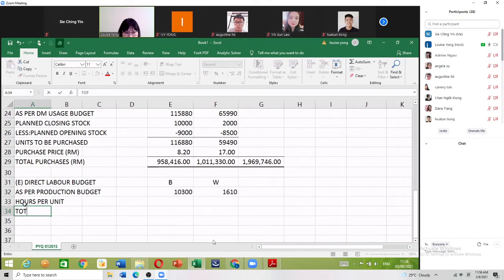Then calculate your total budget hours. What will be your labor rate?